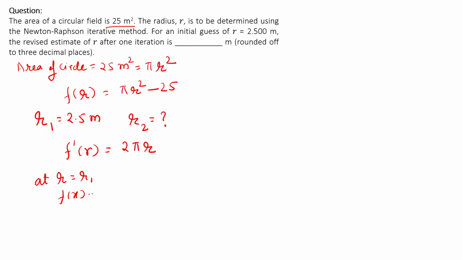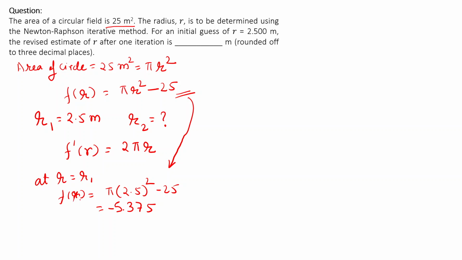f of r is equal to pi 2.5 square minus 25. So I will be using this equation to find my f of r. You can calculate this using the calculator, and you will get a value of minus 5.375.